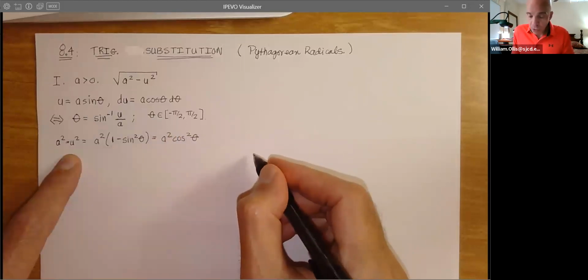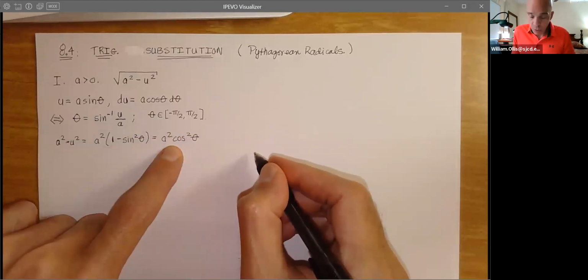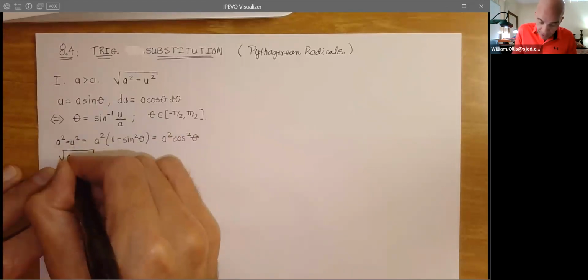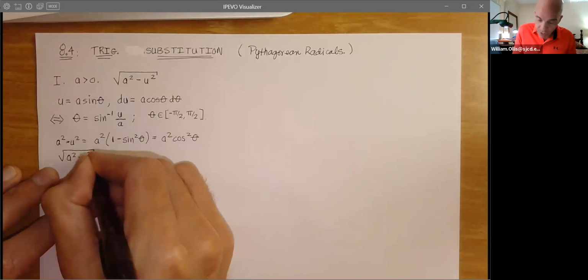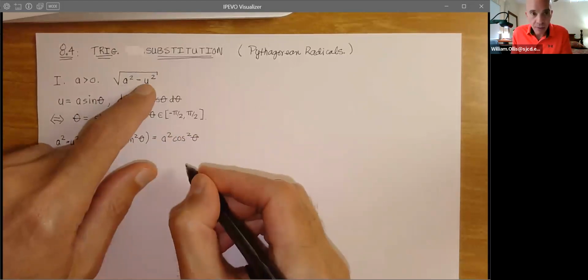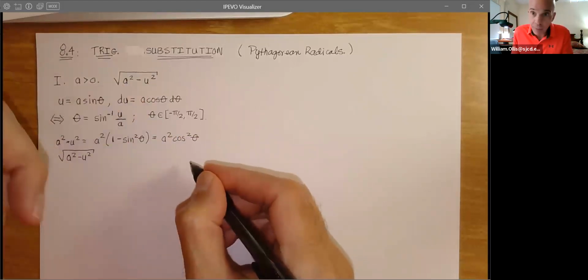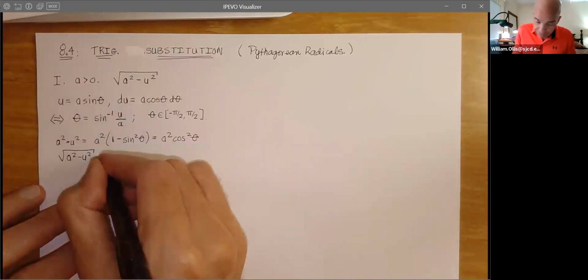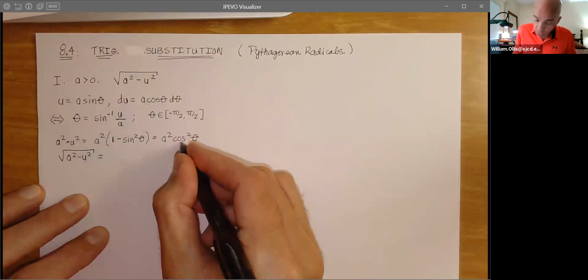So now the radical can be replaced with the square root of this. So then we have the radical a squared minus u squared. And of course, in the problem, maybe u is x and a is 4 maybe, or a squared is 4, and then we're good to go. And so this would be the square root of this.